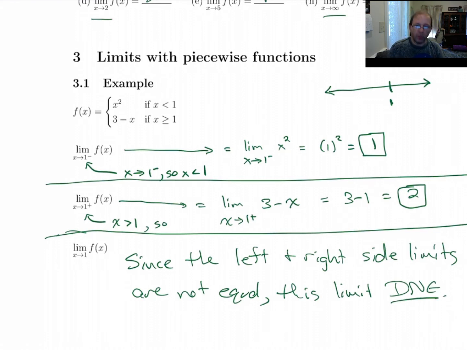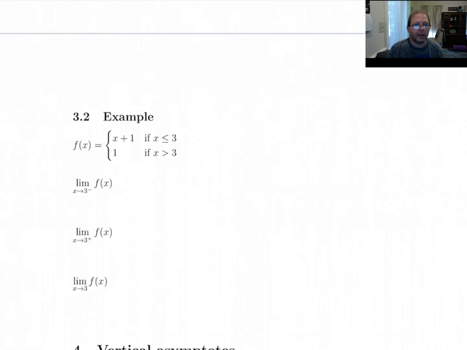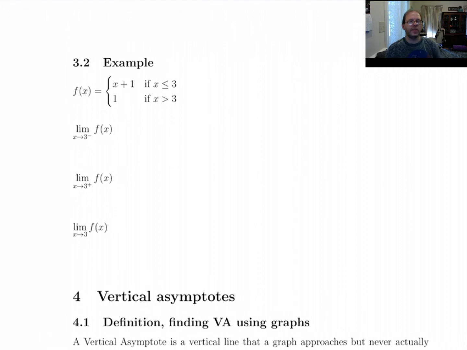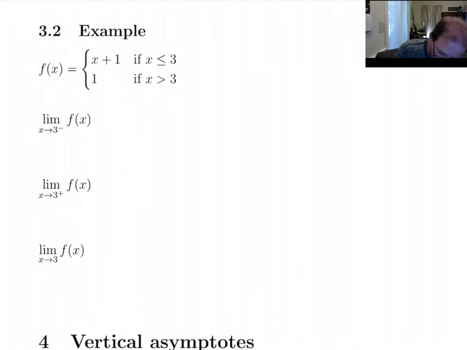All right, let's do one more example. Here we're splitting things up at 3. So we've got this function f of x is x plus 1 if x is less than or equal to 3, and f of x is 1 if x is greater than 3. So in this case, what I want to do is look at each of these limits.